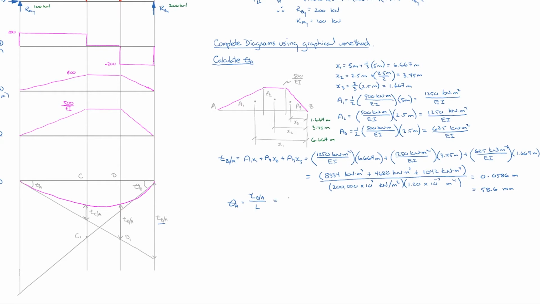So that's equal to 58.60 millimeters divided by 10,000 millimeters, which is equal to 0.0059, and that's in radians. And if you go ahead and multiply it through by 360 over 2 pi, you can convert that to 0.34 degrees clockwise.